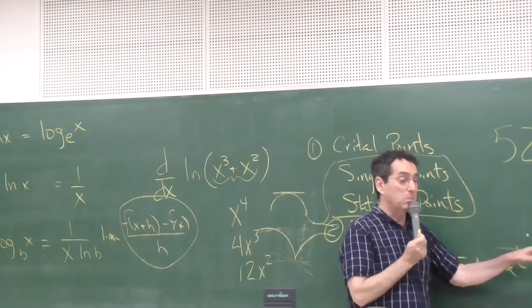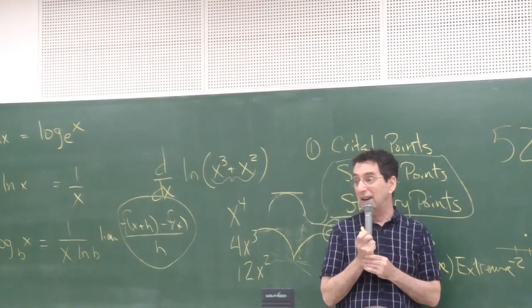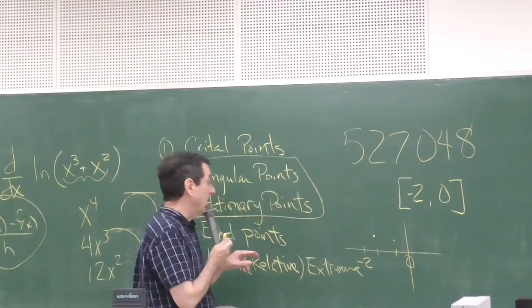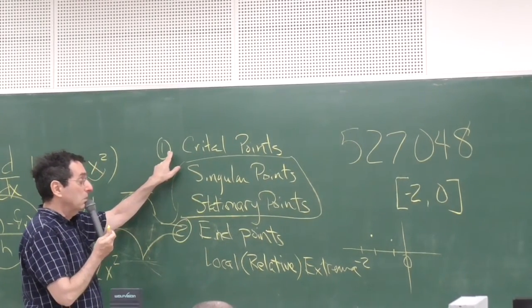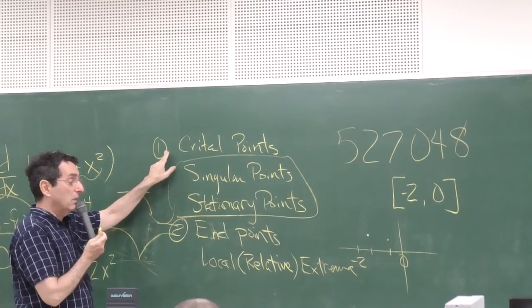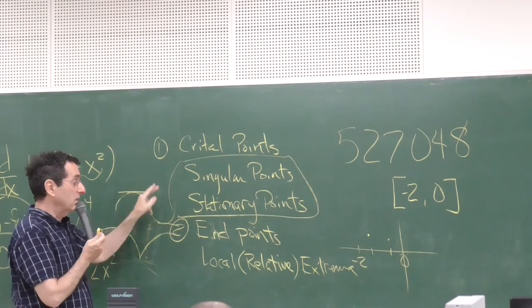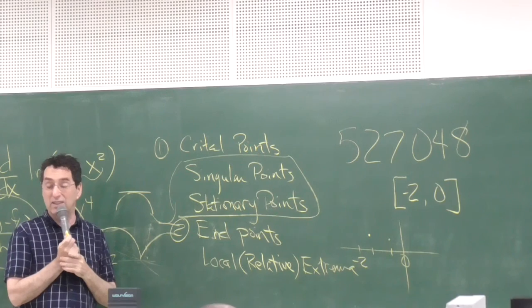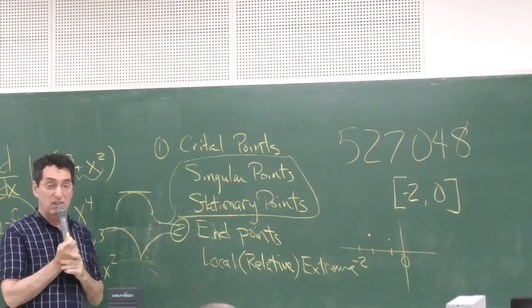From those points, you can decide where it is highest and where it is lowest. So the strategy is: find the critical points, find the height at those points, find the heights at the endpoints, and then figure out which one is highest and which one is lowest, and then you can answer the question.